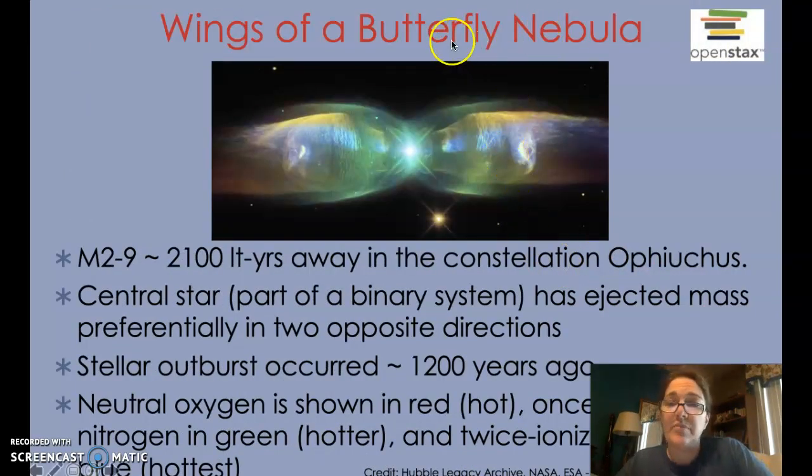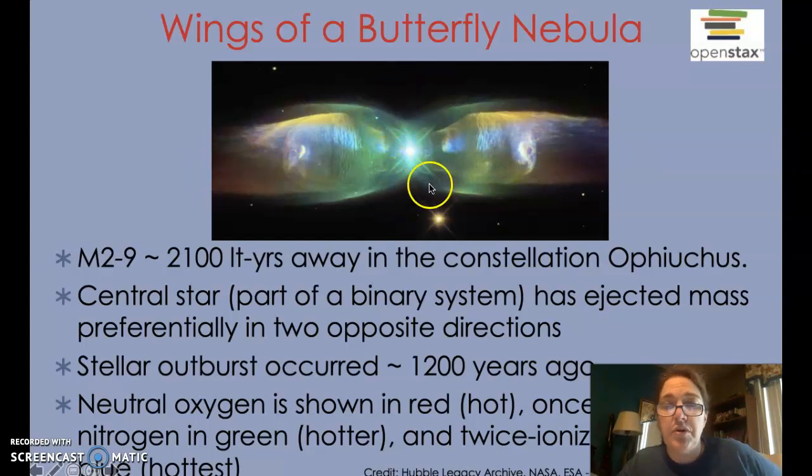This is Rings of a Butterfly Nebula, so M2-9, 2,100 light years away in the constellation Ophiuchus. For this one, the central star is part of a binary and has ejected mass in 2 different directions.